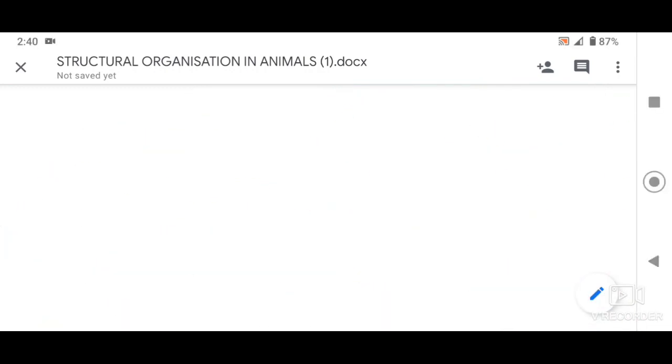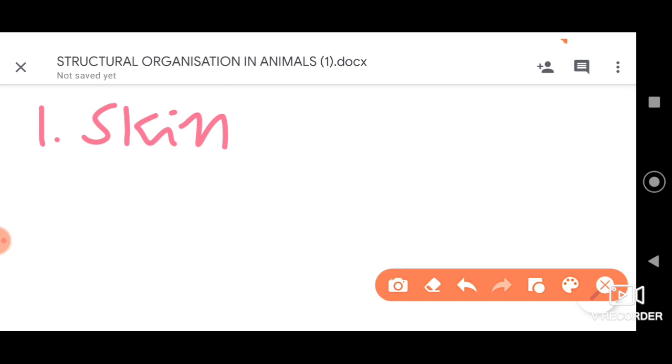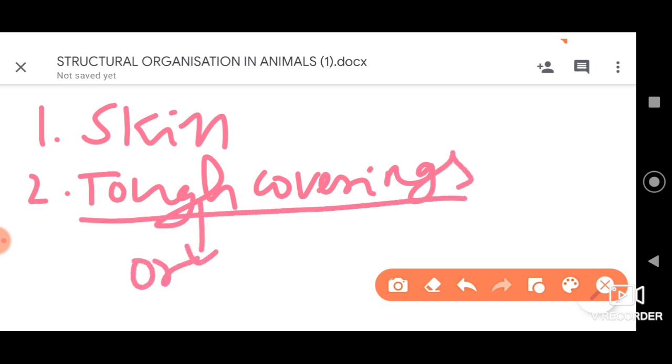All right, let us also understand where these tissues can be present. This type of connective tissue can be present in the skin. First, we can find it in the skin, and secondly in the tough coverings of many important organs.